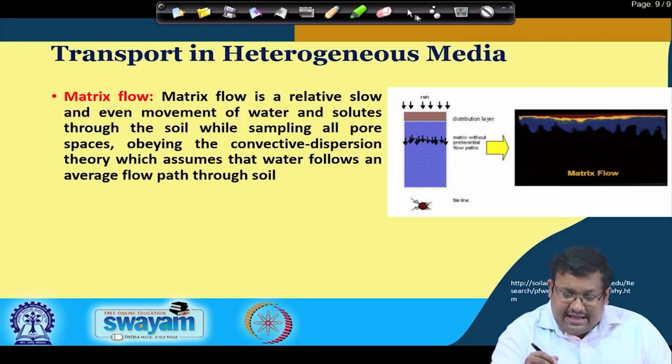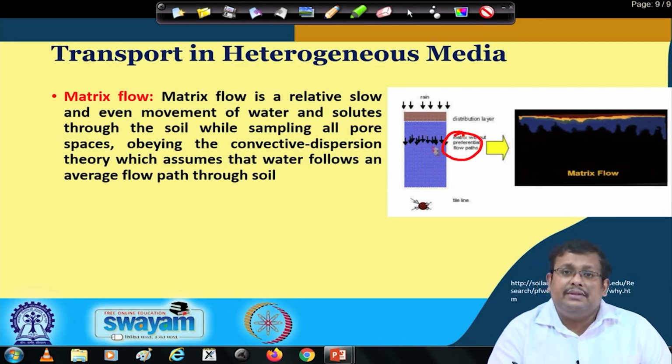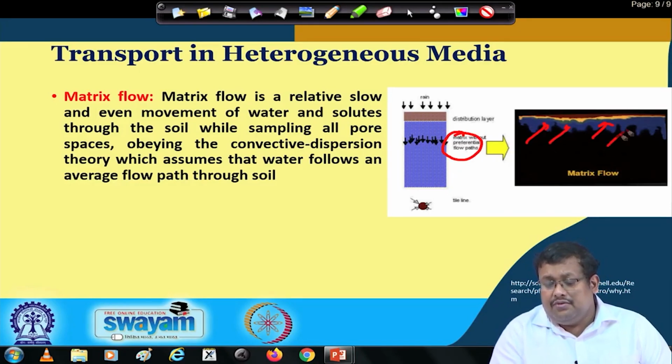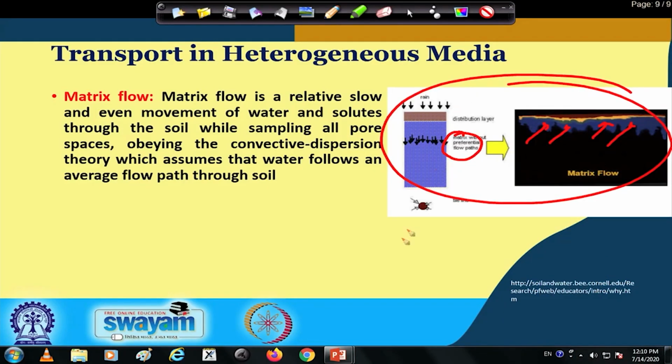Here you can clearly distinguish the distribution layer, and there is a matrix without preferential flow paths. You cannot see any preferential flow paths. The water is moving uniformly through this zone. So, this is an example of matrix flow.